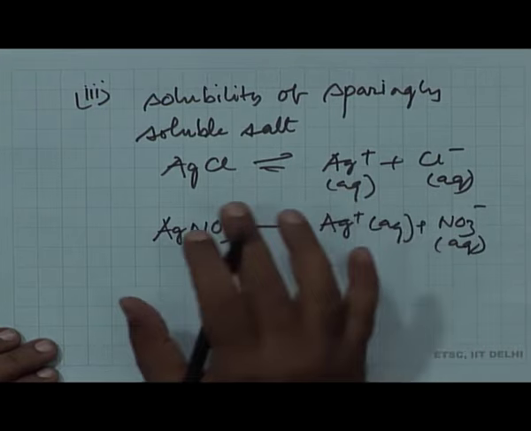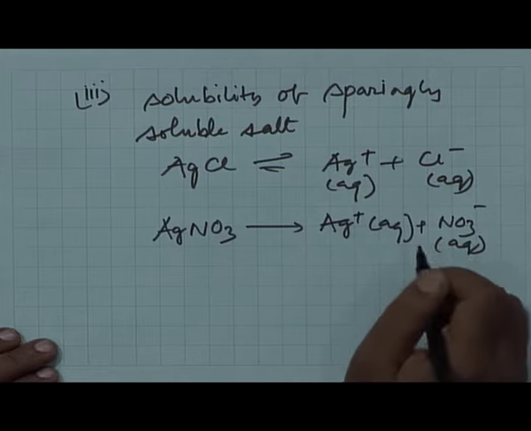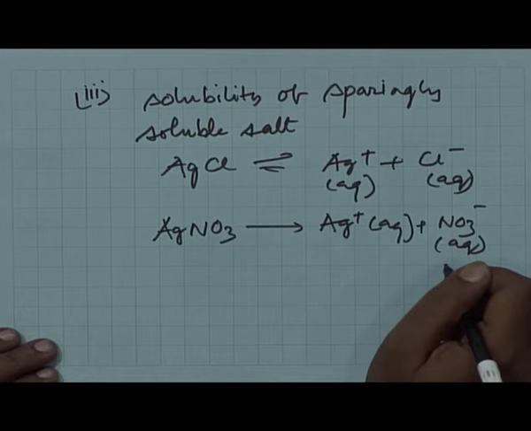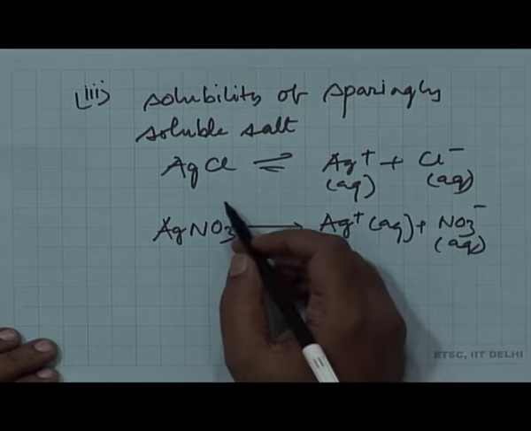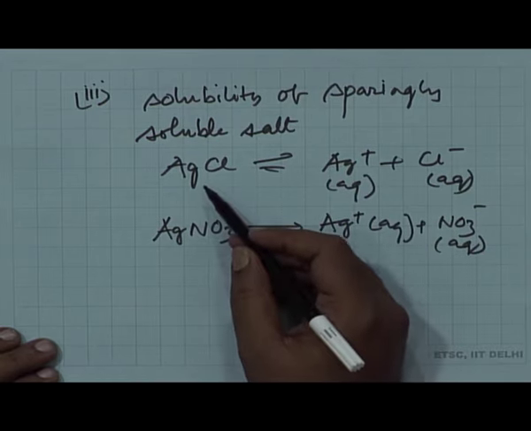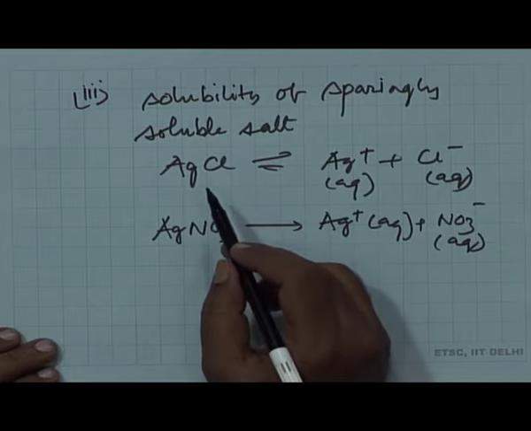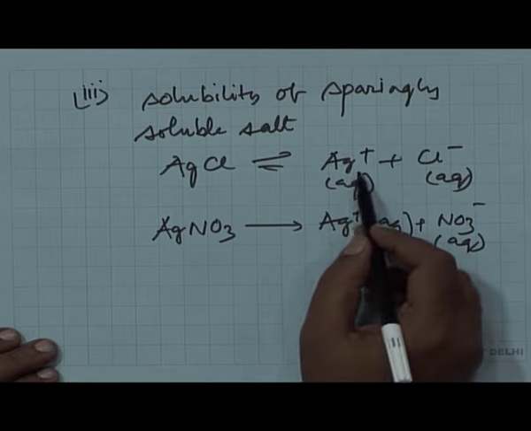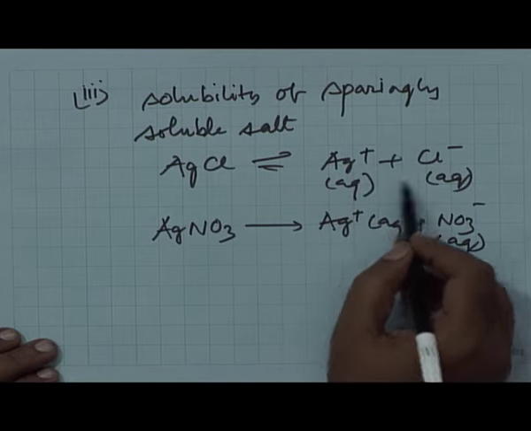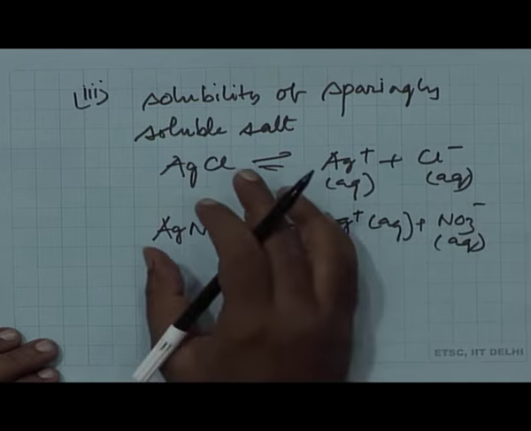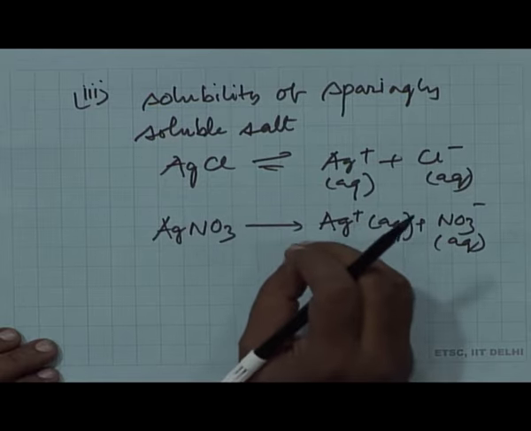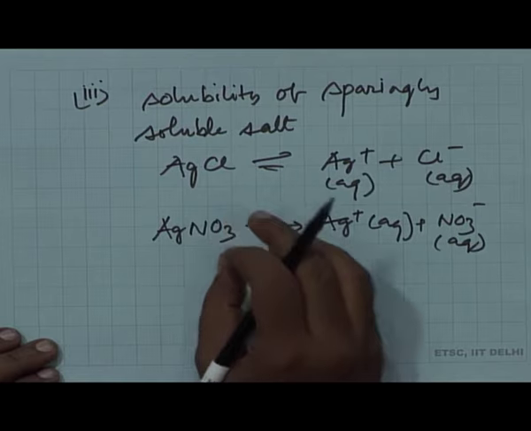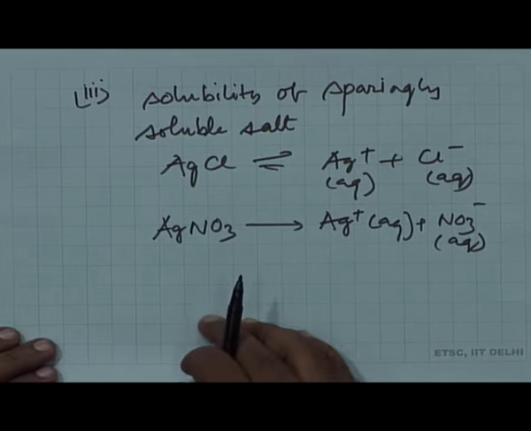Whereas, if I take another salt, AgCl, this is a sparingly soluble salt, and it will give you Ag plus aqueous plus Cl minus aqueous. So, only a small amount of AgCl will go to solution, whereas almost all AgNO3 will go to solution.